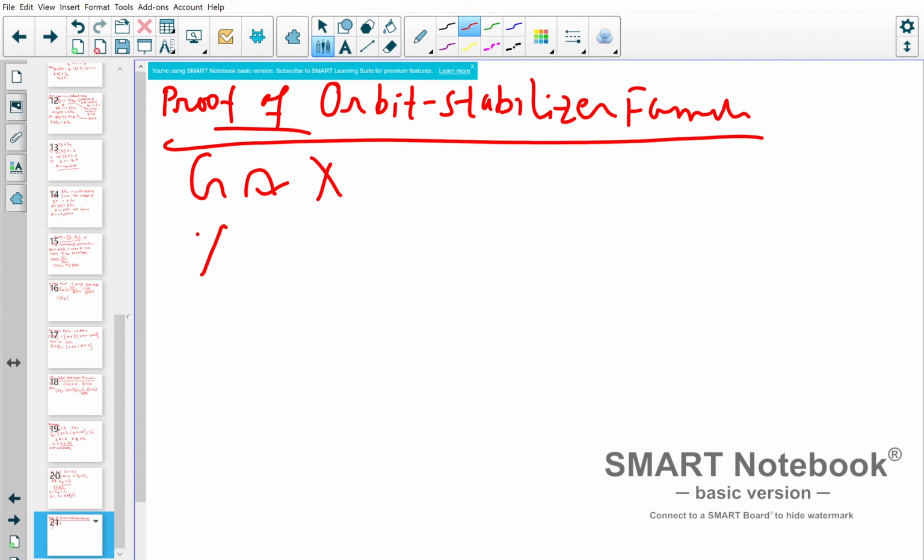So you can write X as the disjoint union of equivalence classes Gx_i, where the x_i are elements of X. I choose the disjoint union, meaning either these orbits are the same or disjoint, so I choose only those distinct orbits.